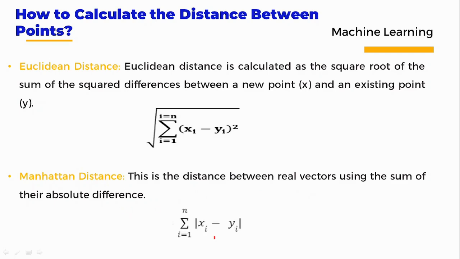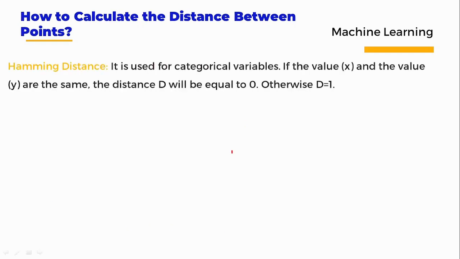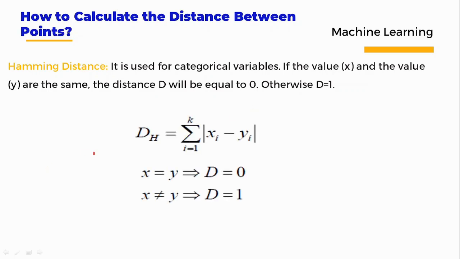You can see this is the formula of the Manhattan distance. Now the third one is the Hamming distance. It is used for categorical variables, and if the value of x and the value of y are the same, the distance d will be equal to 0, otherwise the distance d equals 1. So this is the formula for calculating the Hamming distance.